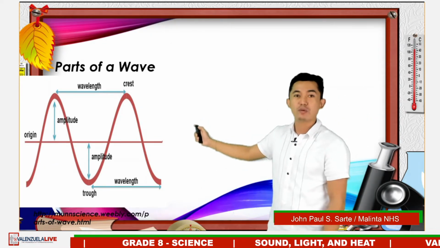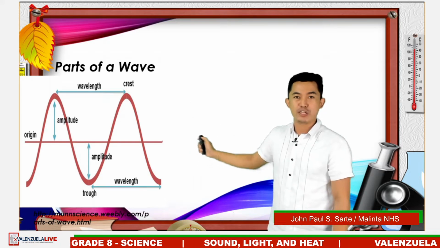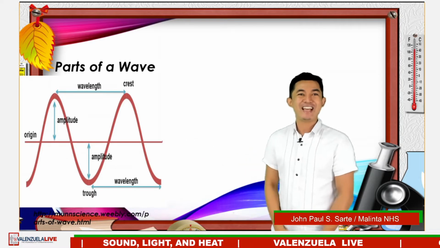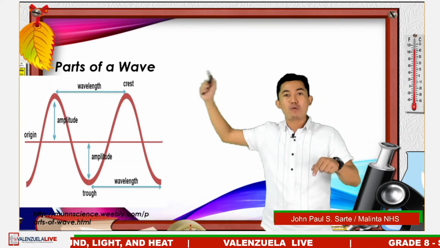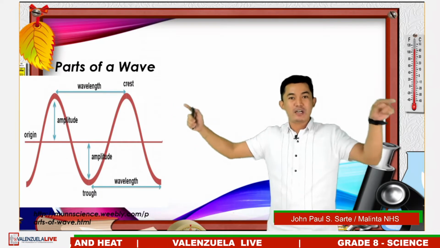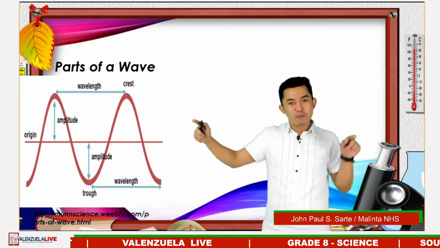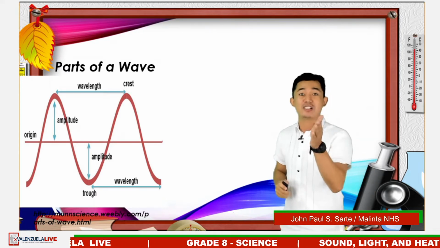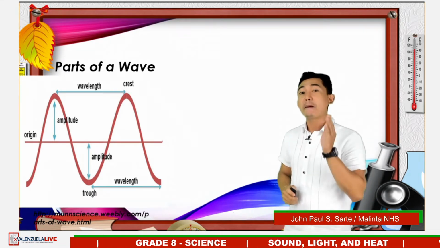And we also have the amplitude, which is the height of the wave. So that is about the wavelength, from one crest to another, and from trough to trough. That is what we call the wavelength. It is a distance which is measured in meters.